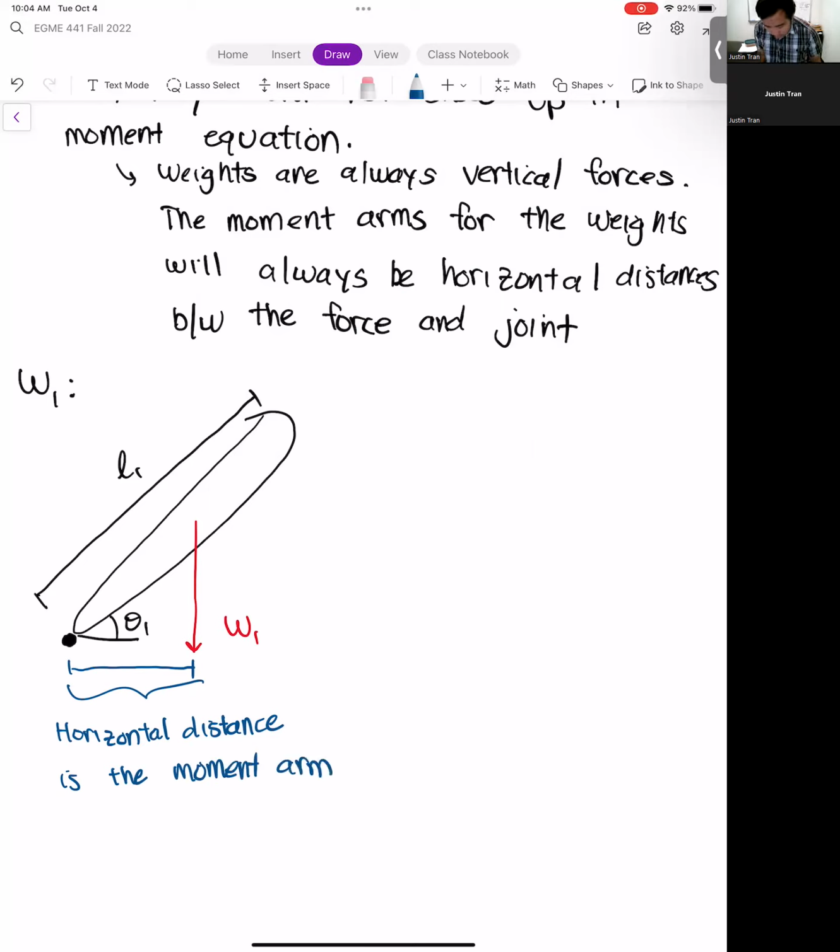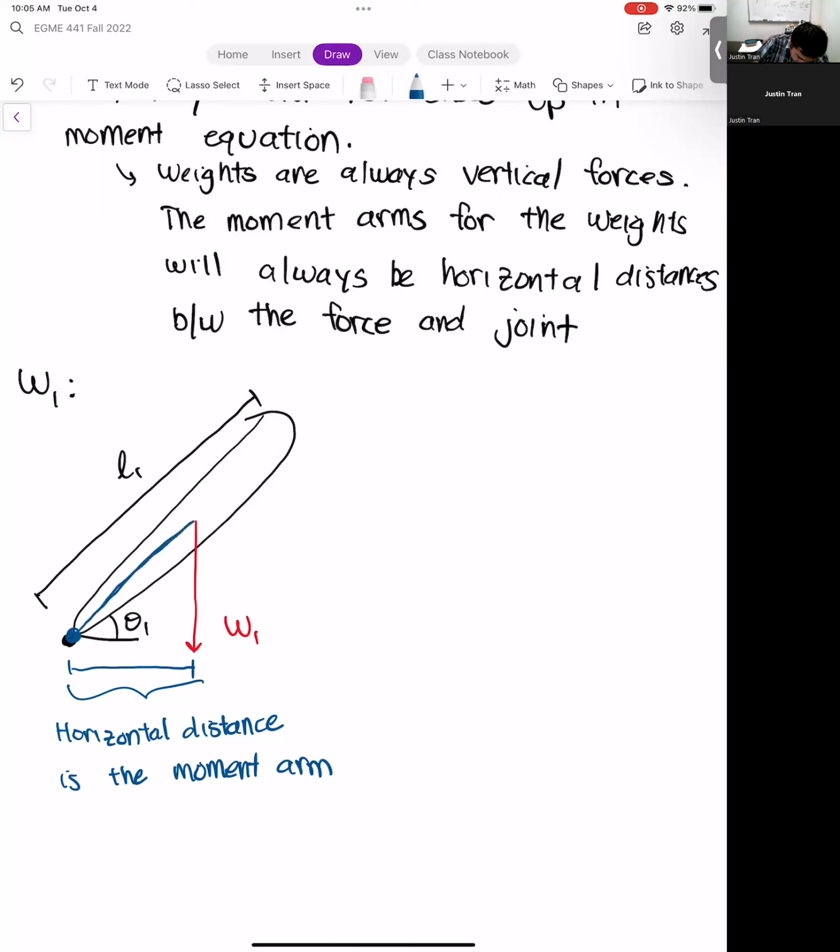That's what we want to compute. We're not given this horizontal distance directly within the problem, and so we're going to have to compute it based on what we're given. But we can just use simple trigonometry to do this. Let me draw this, and let me continue to use blue right here. So if we know that the shoulder joint is down here.